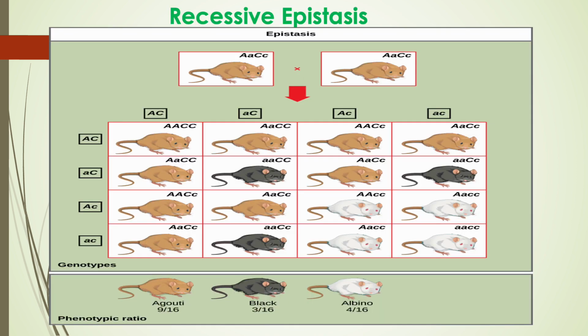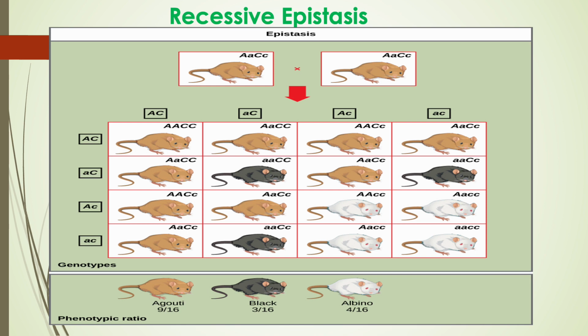So we can see the depiction of recessive epistasis here in the Punnett square, where three different color phenotypes are formed in mice: agouti 9, black 3 and albino 4. Wherever you see the presence of the recessive gene small c, it suppresses the expression of capital A, and the coat color is not expressed.